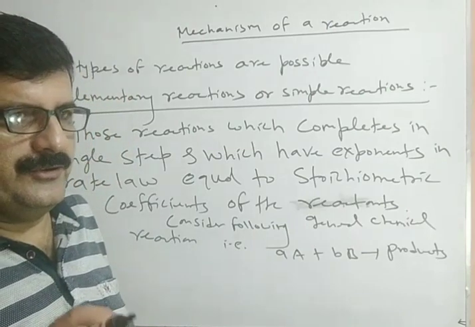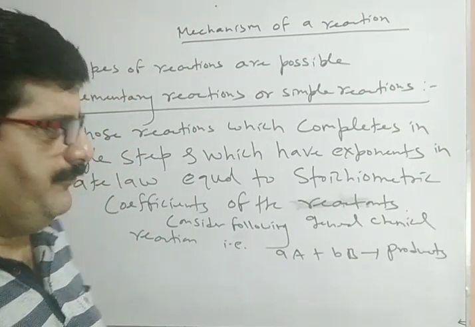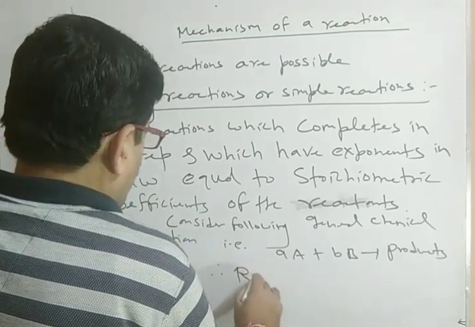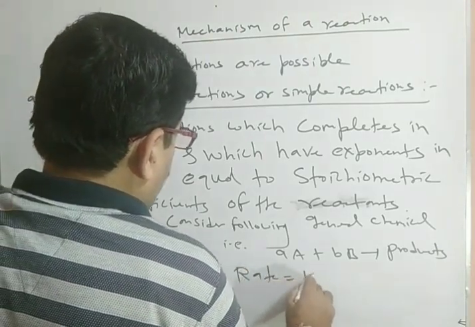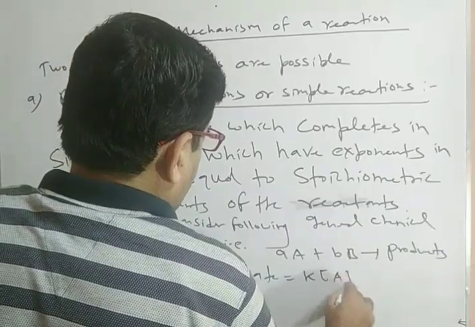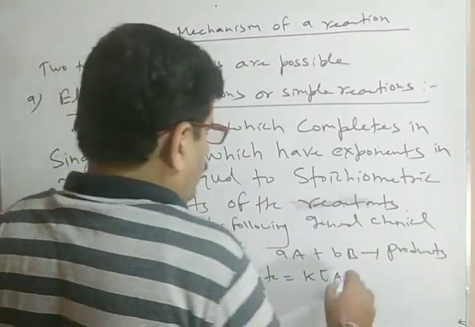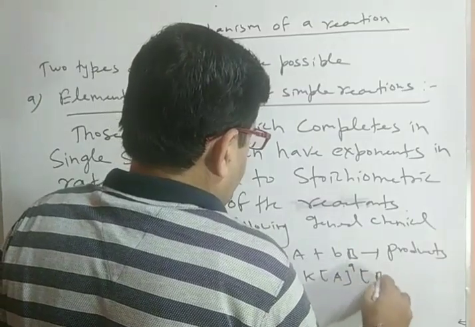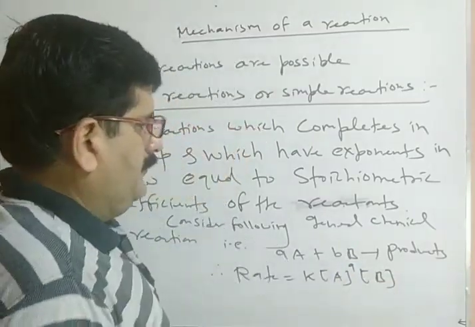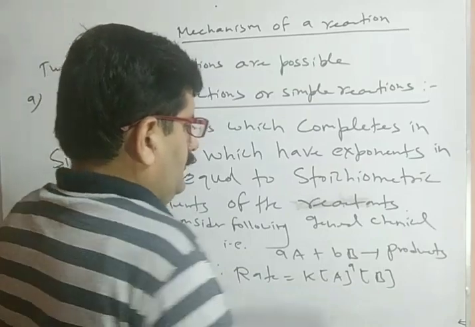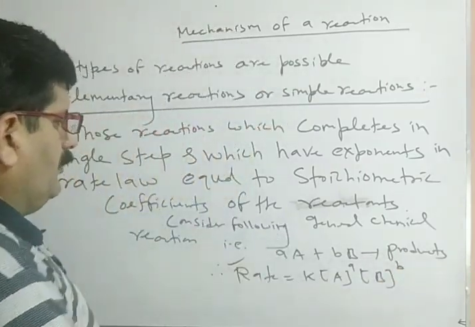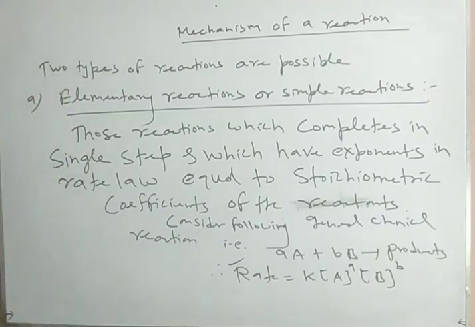A stoichiometric coefficient of reactant A and B. Therefore, rate is equal to K, concentration of A power small a, concentration of B power small b. This is said to be what? Rate law for this chemical reaction.